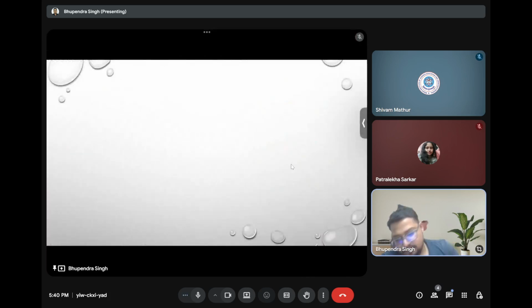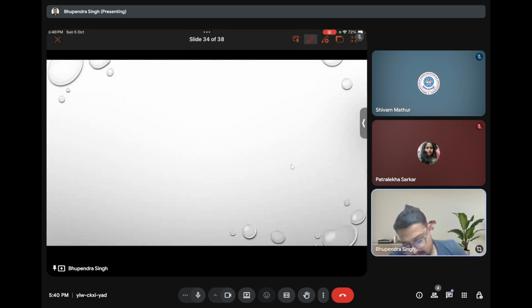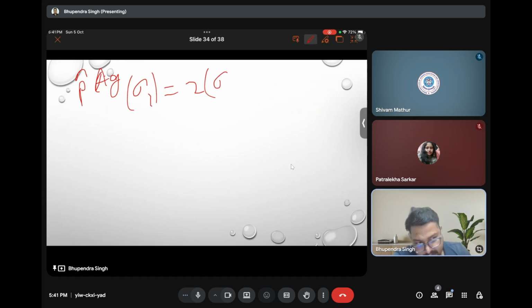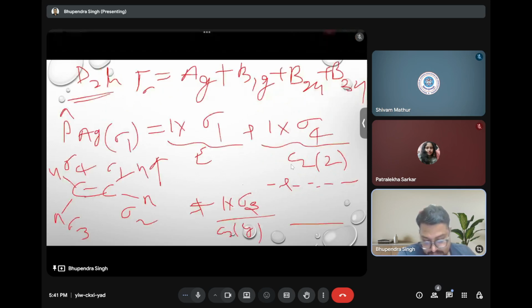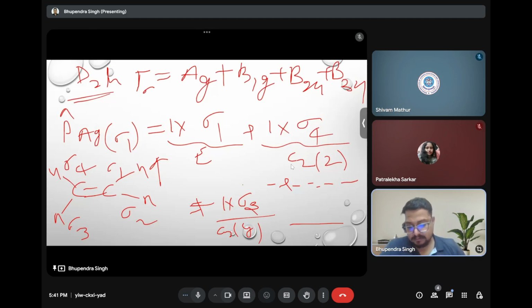In the end, applying the projection operator of Ag on sigma 1, you will get sigma 1 plus sigma 2 plus sigma 3 plus sigma 4. Fine.